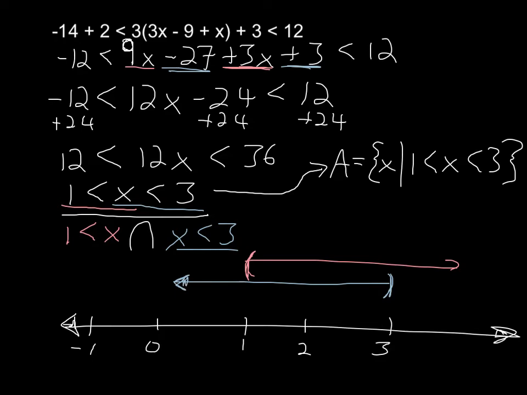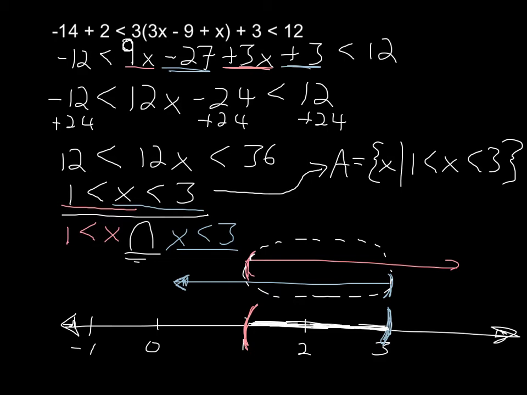And because it's an and, or an intersection, we want the overlapping part. The bottom is 1, the top is 3, and we just fill in the overlap.